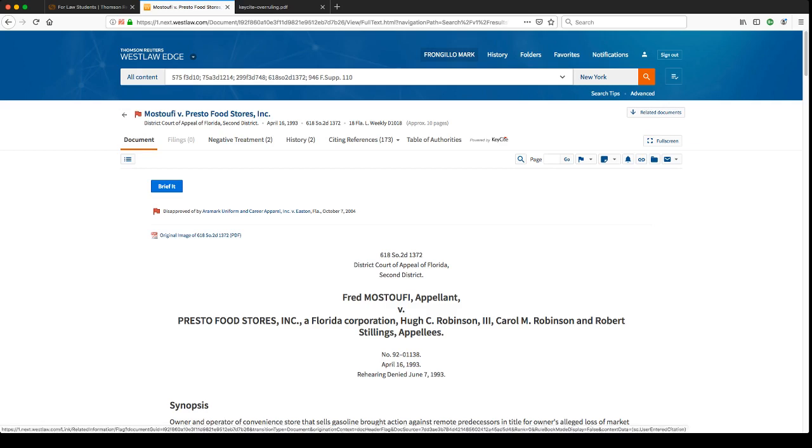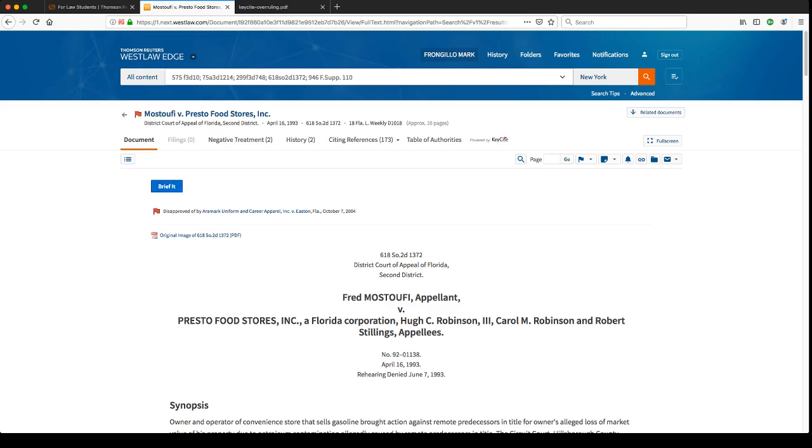It has a red flag, but here we learn that the Florida Supreme Court, my case is an appellate court decision in Florida, higher authority here, Florida Supreme Court, disapproved of our case, but it was disapproved of in the Aramark v. Easton case. Okay, our case wasn't reversed directly on appeal.